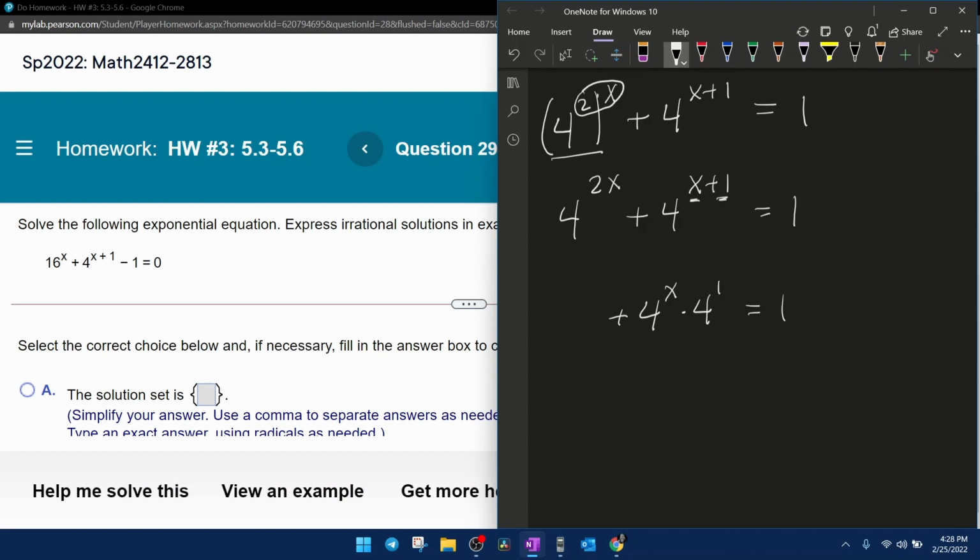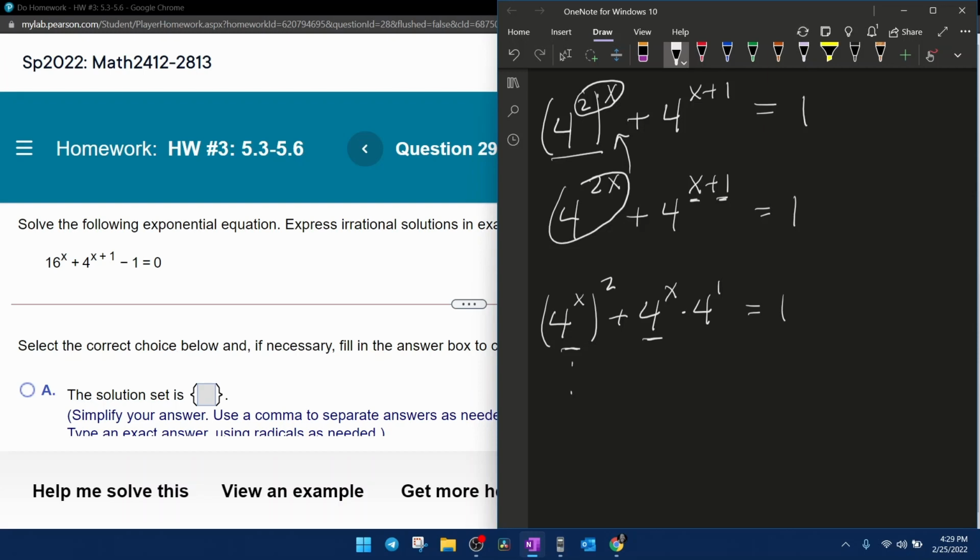I also know that this term, the way it was written as 4 squared to the x, I could probably rewrite with those exponents flipped and say 4 to the x to the 2. And so now if you notice, I'm getting closer to having something that's identical. I now have 4 to the x in both of these terms.